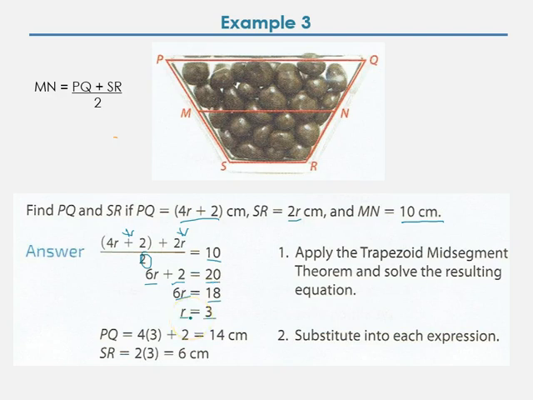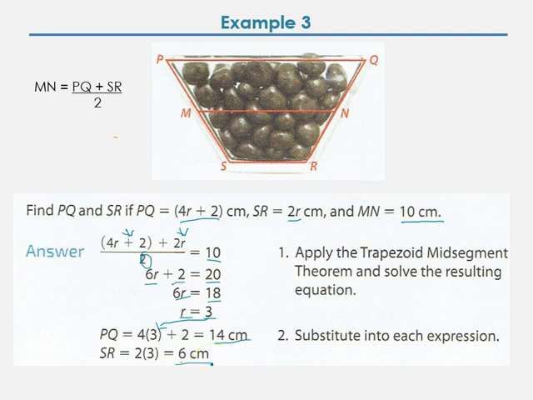So r equals 3, and let's substitute the 3 into our base lengths. So PQ equals 4 times 3 plus 2, which equals 14 centimeters, and SR equals 2 times 3, which equals 6 centimeters.